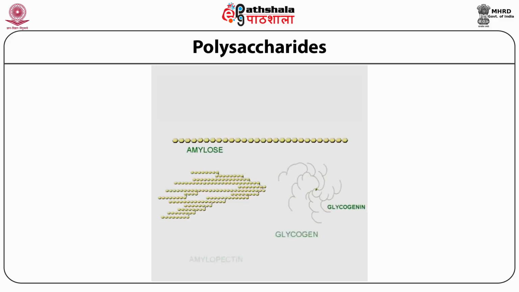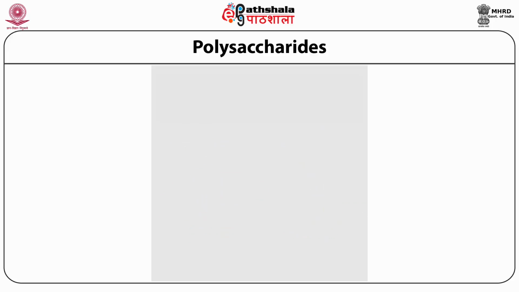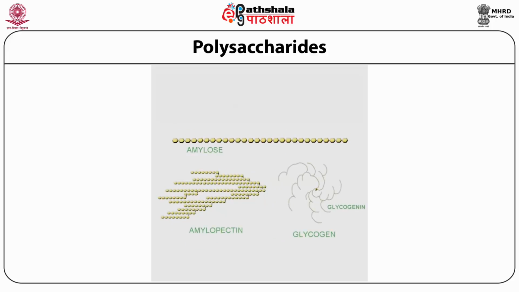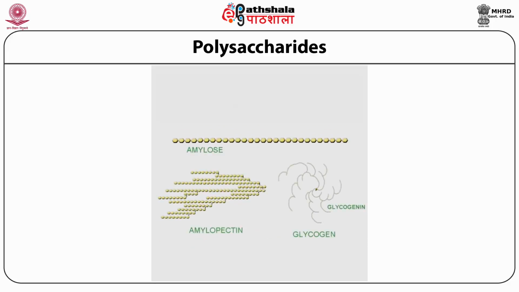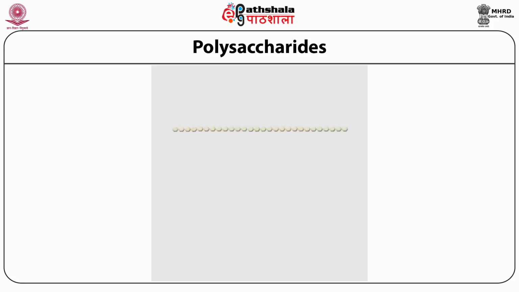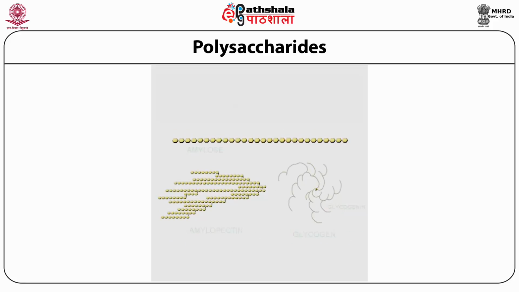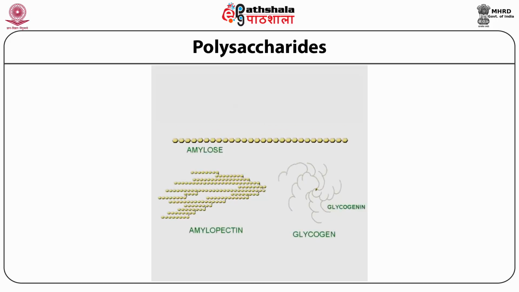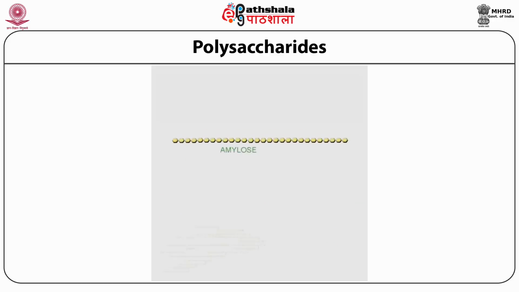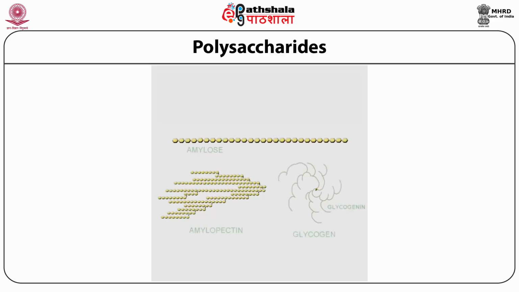The figure shows various types of polysaccharides, that are amylose, amylopectin, glycogen. Polysaccharides give the constituent monosaccharides or oligosaccharides when they hydrolyze, either naturally or deliberately. They are either linear or extremely branched structures.